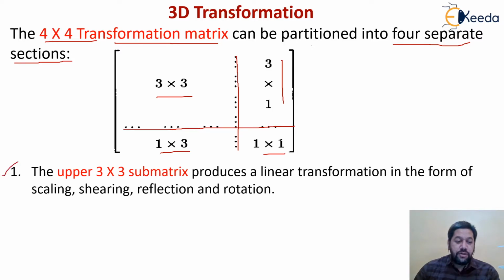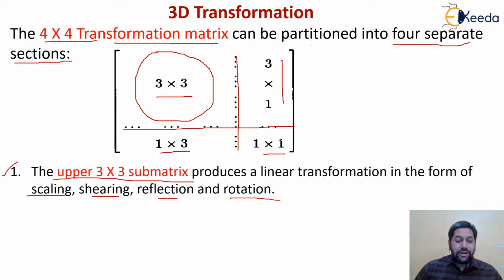The first point is the upper 3 by 3 submatrix. This is my upper 3 by 3 submatrix. The upper 3 by 3 submatrix produces a linear transformation in the form of scaling, shearing, reflection, and rotation.